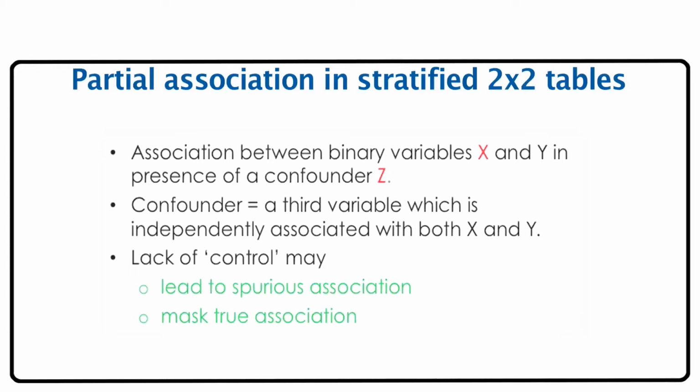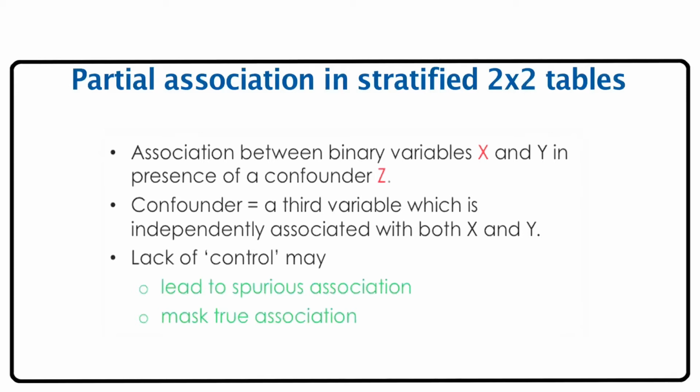This means that we are no longer considering the simplest example where we are looking at two variables x and y, but we are also looking at a third variable z which we term as a confounder. Confounder is a concept which comes from epidemiology, and the variable z is called a confounder if it is independently associated with both x and y.